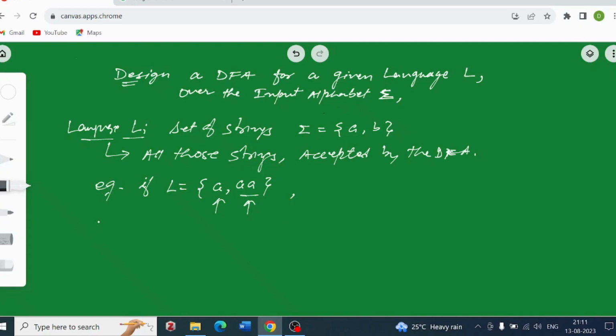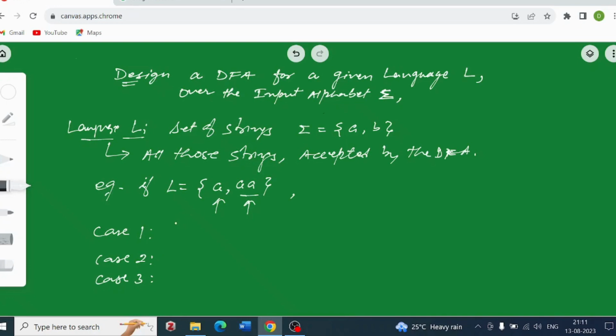So next, we will see the designing of DFA for three different cases: case number 1, case number 2, and case number 3.